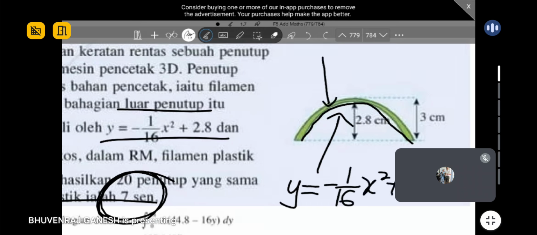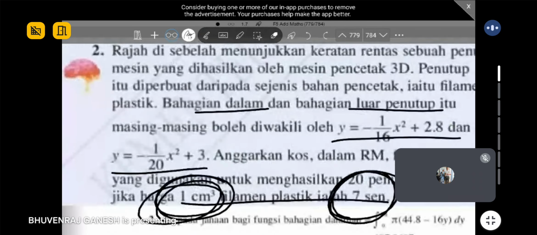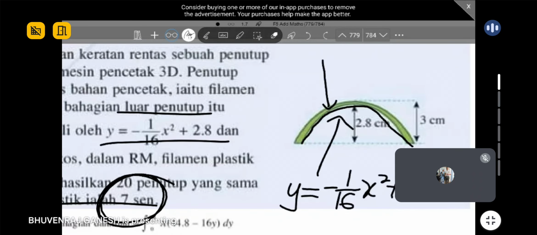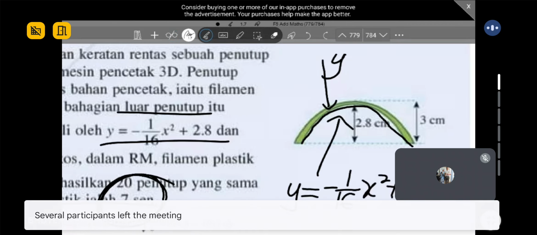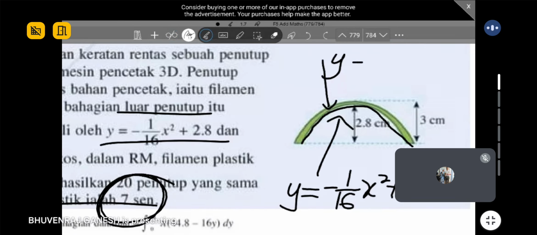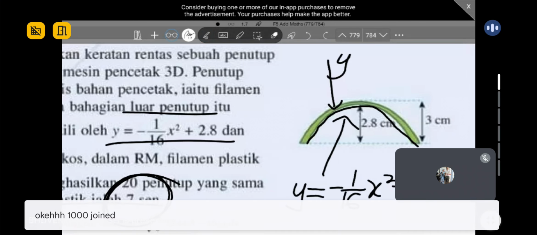Outside, yang luar, the equation is negative 1 over 20 x squared. Okay guys, until here, are you clear? You must know how to interpret the question.